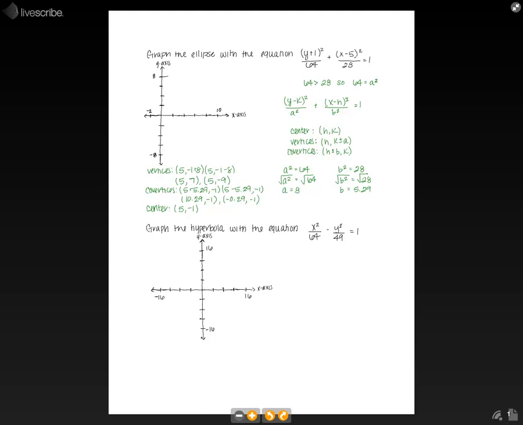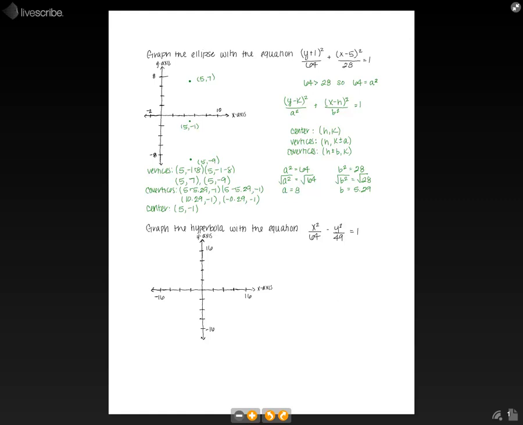Let's start by graphing the center at 5 comma negative 1. We go over 5 and then down 1, right here. Then we're going to graph the vertices at 5, 7, which is right here, and 5, negative 9, which is right here. Let's label those 5, 7, and 5, negative 9, and our center is 5, negative 1.